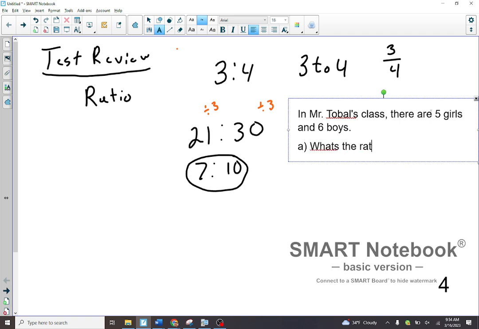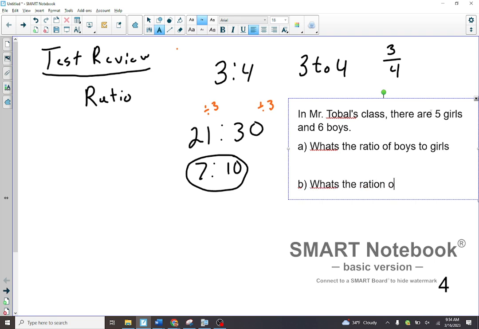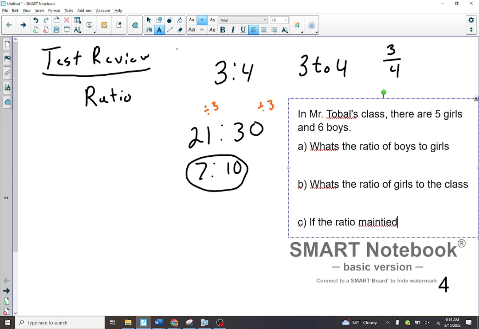What's the ratio of boys to girls? 6 to 5. What's the ratio of girls to boys? What's the ratio of girls to the class if the ratio stayed the same?